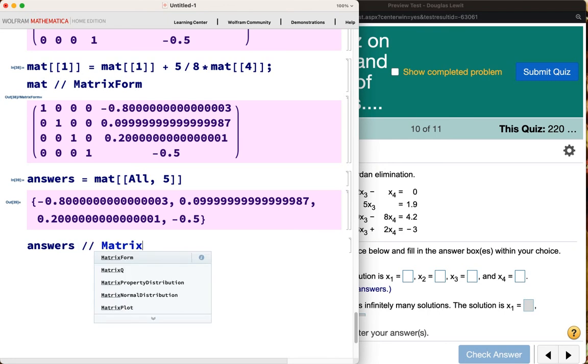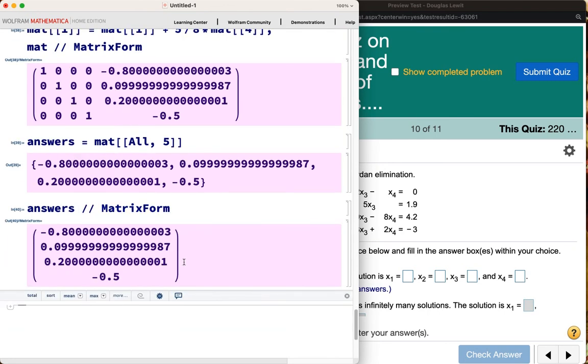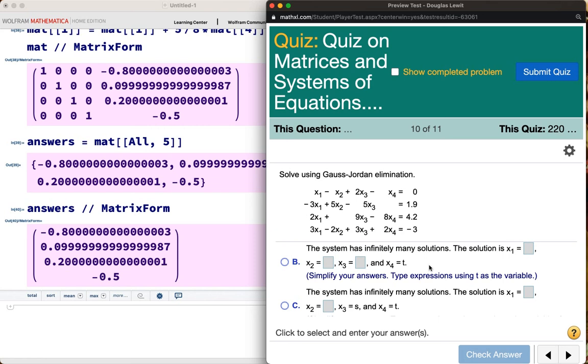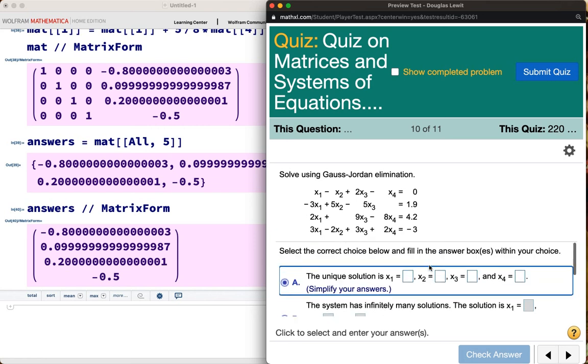Answers in matrix form. Okay, now the problem here that kind of bothers me, we have decimal answers, and it says simplify your answers, but we're going to have to round the answers. So Pearson may not like how we round the answers.